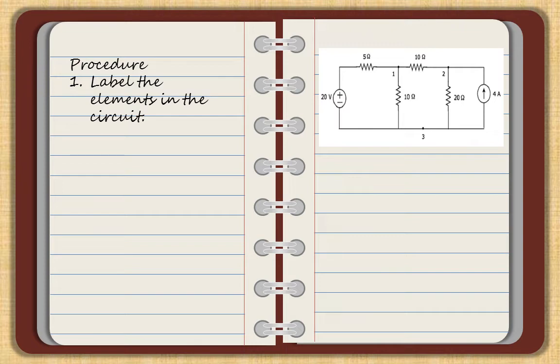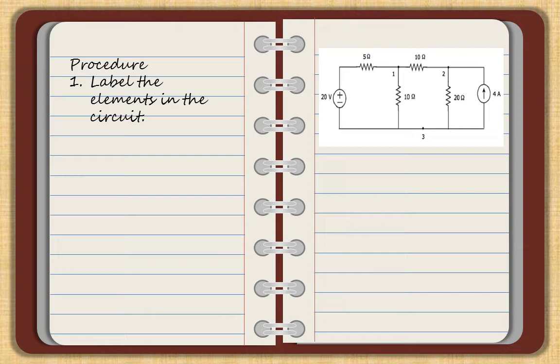As you can see, there's the circuit on the right side. All the values of the elements or components of the circuit have been labeled, unless there is an unlabeled or unknown component in the circuit.